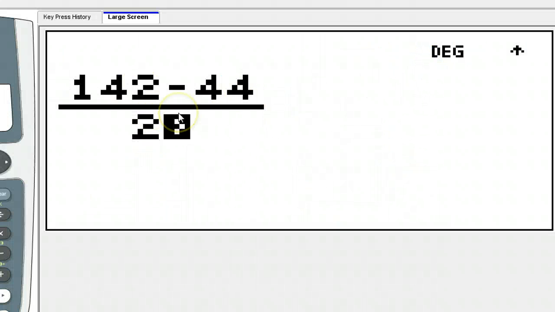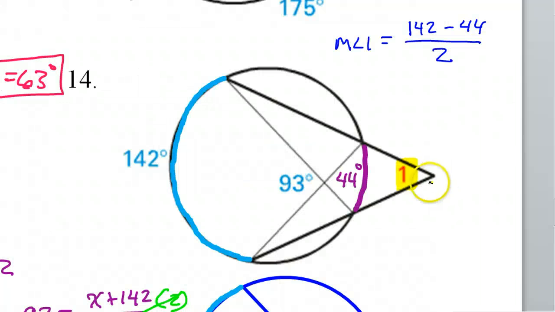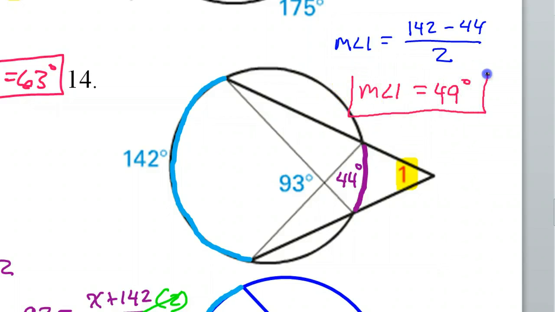Okay, so that looks like this. That is 49 degrees. And so that's the final answer. So the measure of angle 1 is 49 degrees. So that's the answer to number 14.